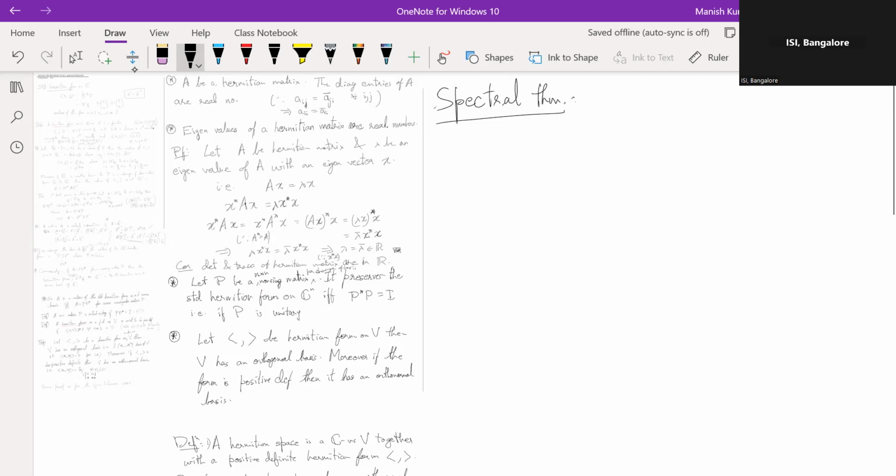First, let's prove it for the base case, which is the Hermitian linear operator, and then something called a normal operator. Normal I haven't even defined. Normal is more general than Hermitian, so Hermitian operators are normal.